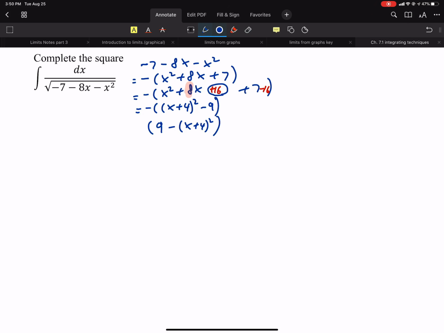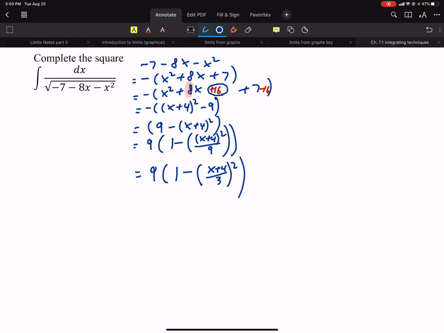So I'm actually able to factor out a 9. I'm going to get 1 minus x plus 4 squared over 9. And I'm going to go one more step: 1 minus x plus 4 over 3 squared. I don't know if you can see what just happened.